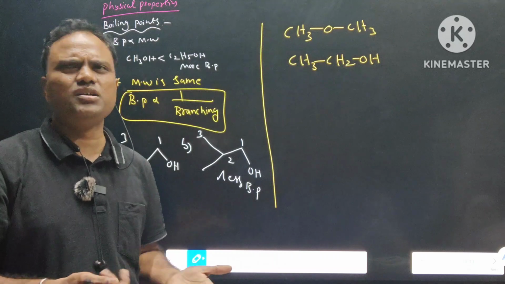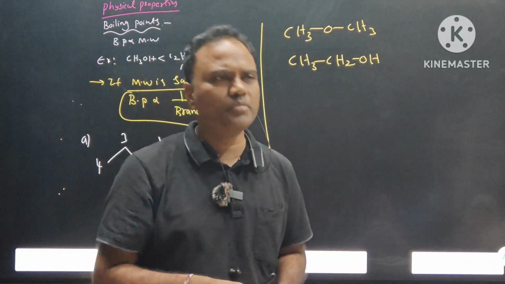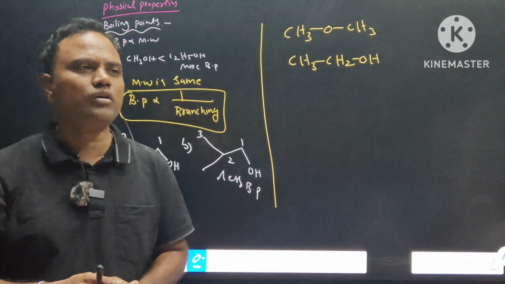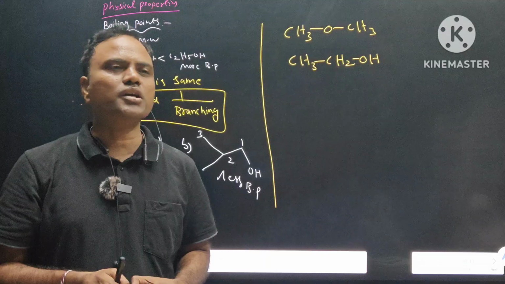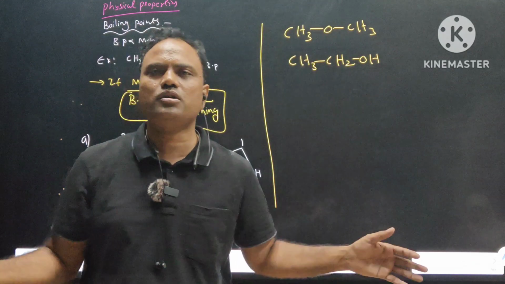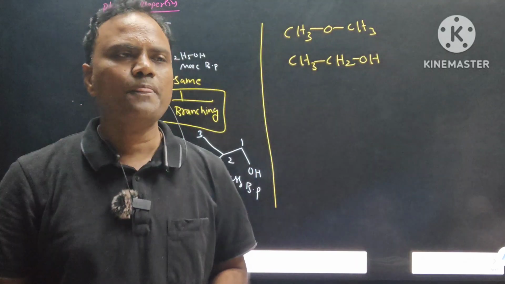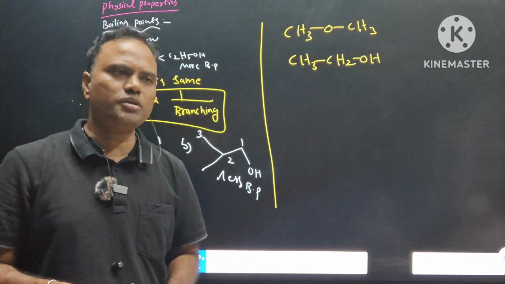Alcohol. Very easy. Why does alcohol have the higher boiling point? Because of hydrogen bonding. In alcohols, hydrogen bonding is present. Because of hydrogen bonding, all the molecules associate together, their effective weight increases, so the boiling point increases.